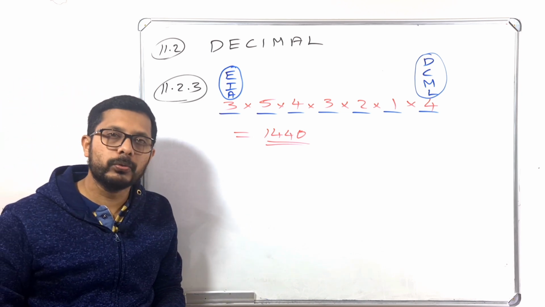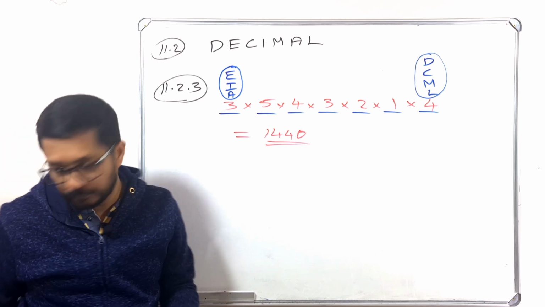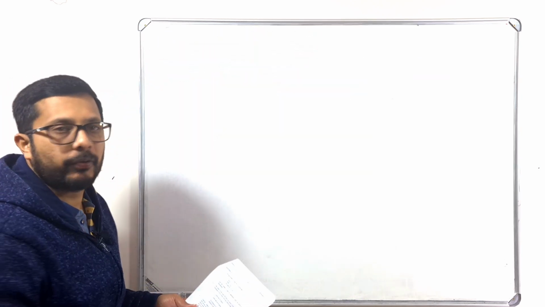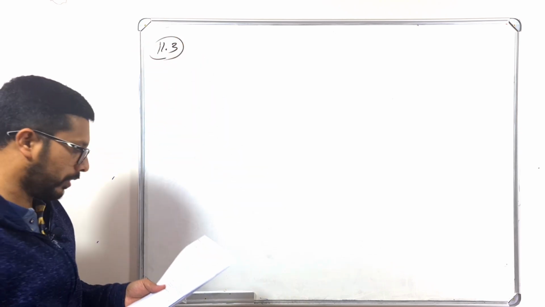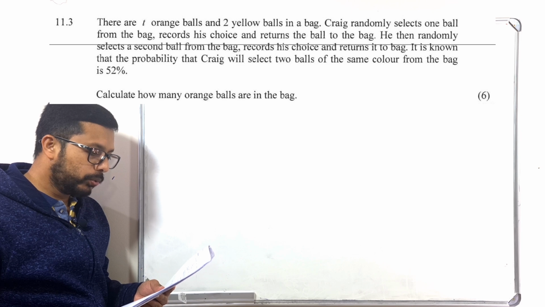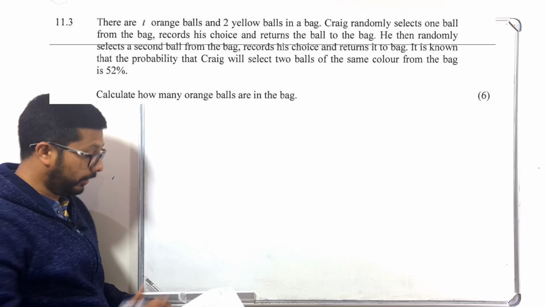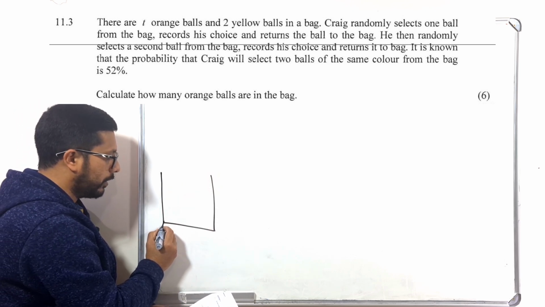Now let's go to question number 11.3. What is that question? There are 2 orange balls and 2 yellow balls in a bag. Assume that this is a bag.